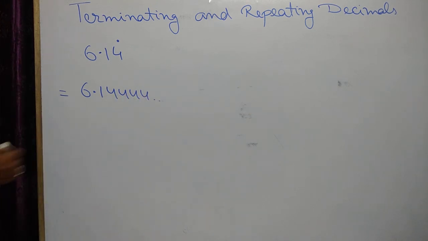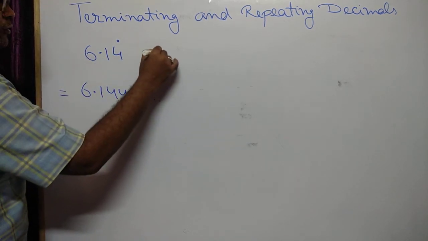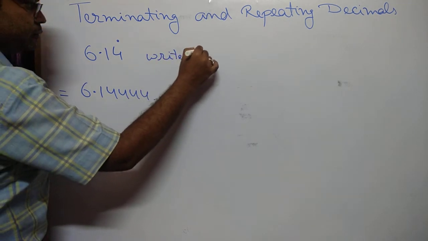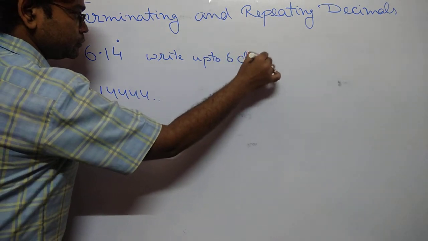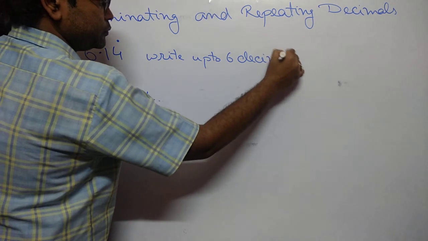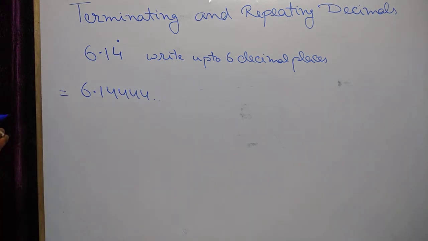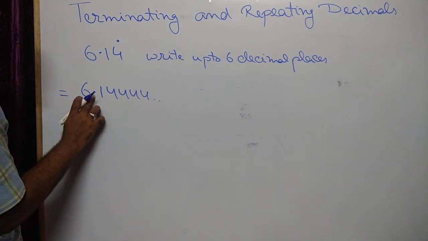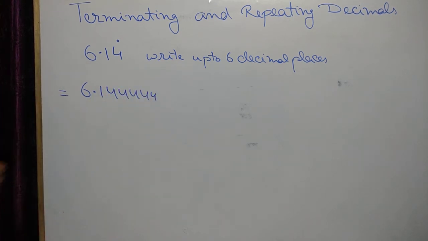But the question says write up to 6 decimal places. So after the decimal, 1 2 3 4 5, we use one more 4.